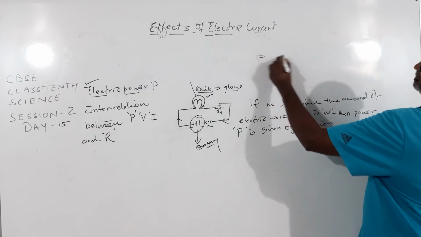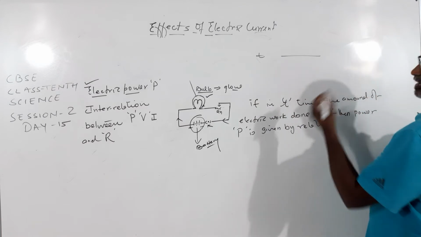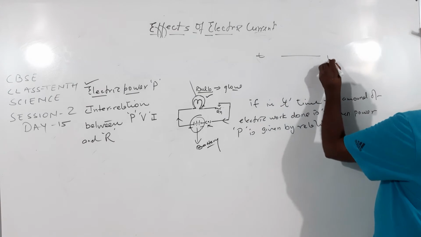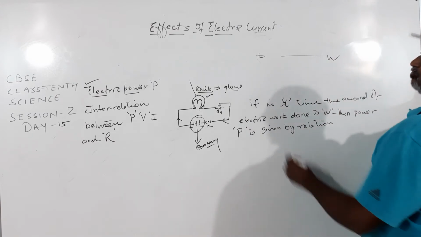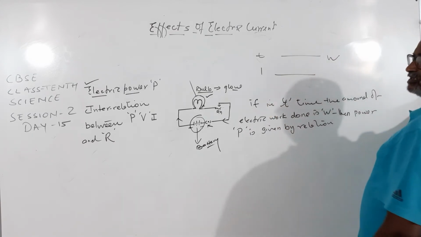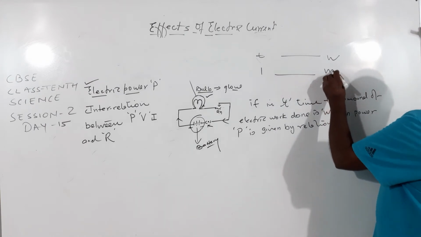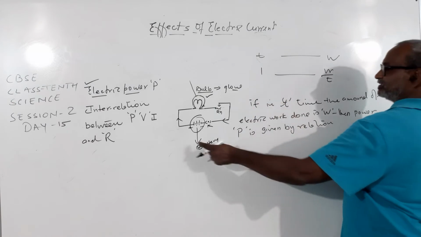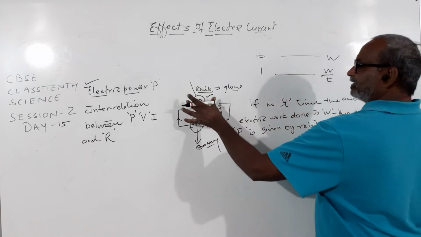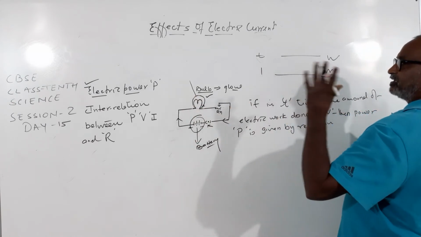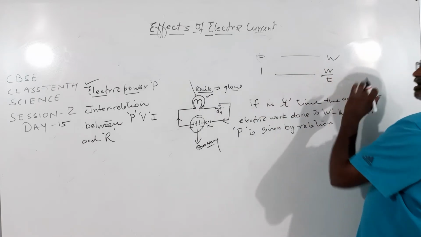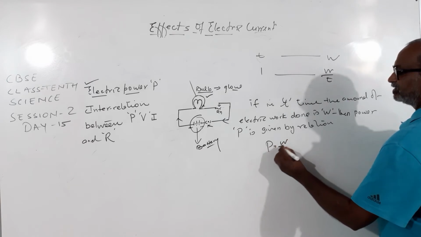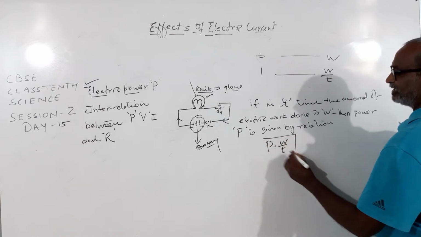So in T time the amount of electric work done, or the electric energy consumed, or the energy transferred is W. In unit time, the amount of electric energy transfer will be equal to W over T. The amount of electric energy transferred, consumed, or work done in unit time is called power. So power P is given by the relation P is equal to W over T.